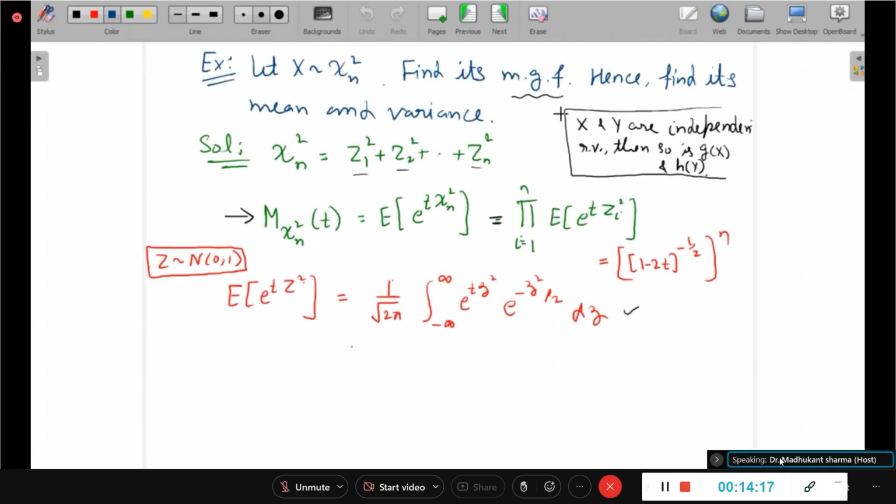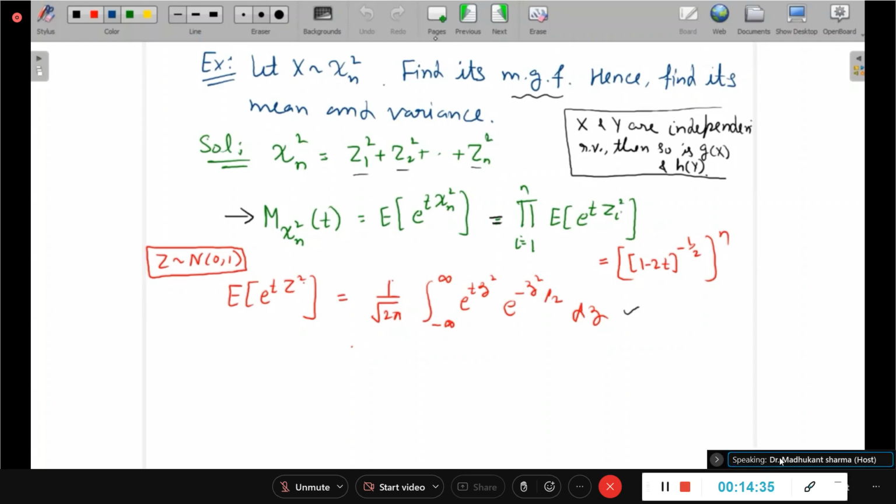Now, how to identify the distribution of this chi-n square? You have to work out the MGF, the moment generating function.